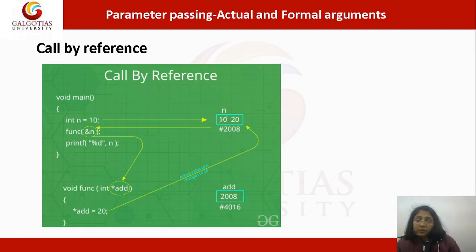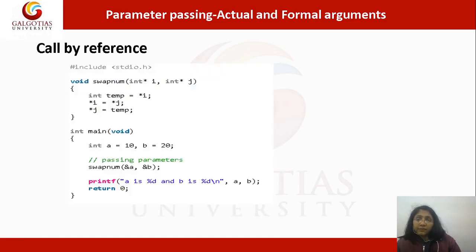Now when I write star add, we are actually referring to that location, which is the value at add. So it will become 20. Therefore, we are not making changes on a copy in a different location, but on the actual location. Whatever change is made in the formal parameter gets reflected in the actual value in case of call by reference.